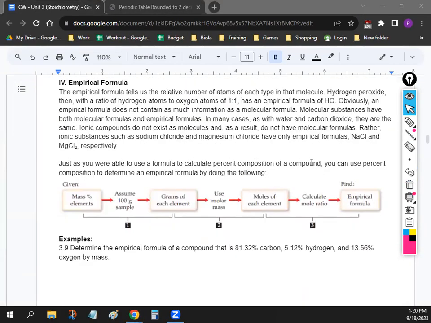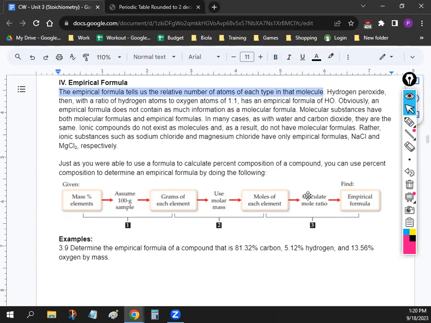Empirical formulas. Now, I know this looks very, very complicated, right? There's a long paragraph and there's this little graph thing, right? But I'm going to tell you guys just how to find empirical formulas very easy, okay? We learned last time that empirical formulas tell you the relative number of atoms in a molecule, right? So like the ratio.